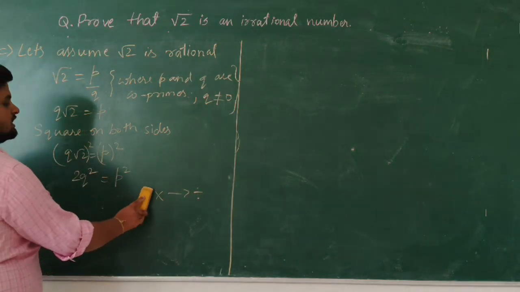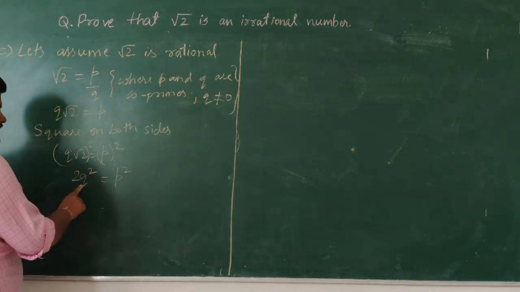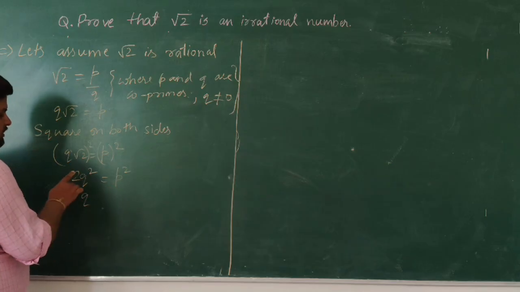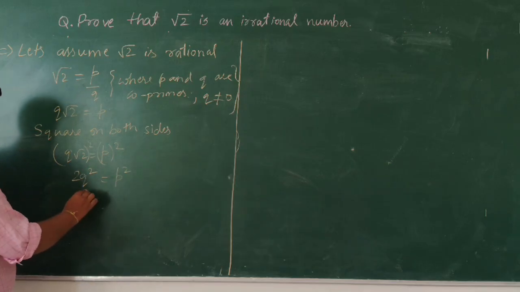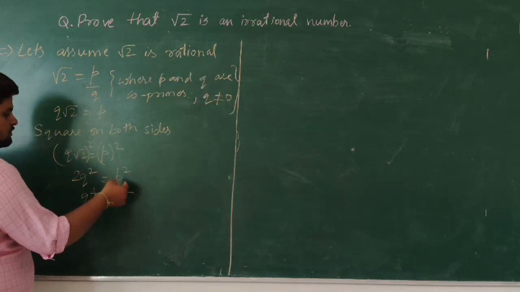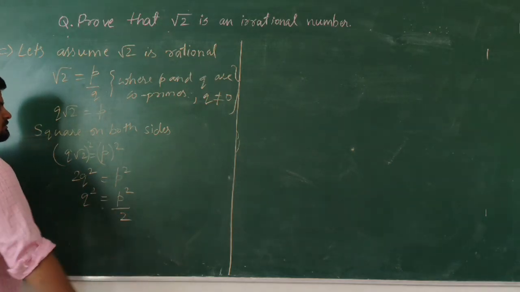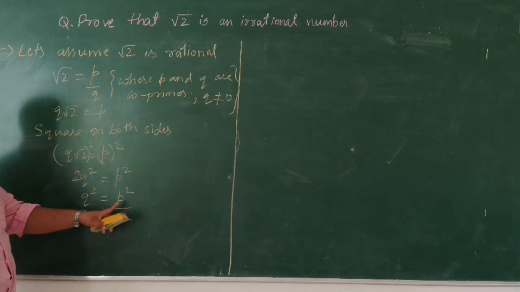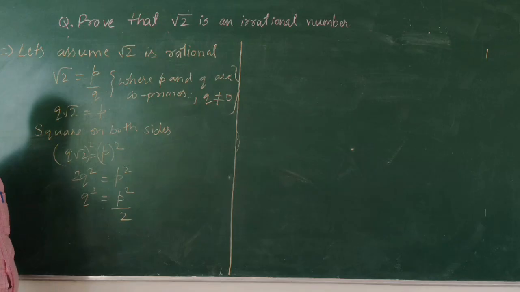So if I move this 2 to the RHS, it will become divided by 2. So we are getting Q square is equal to P square divided by 2.